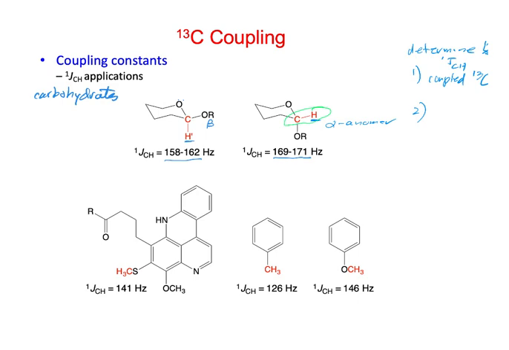Where we could actually determine it not from the C13 experiment, but from the proton NMR experiment. Let's say, and maybe it wouldn't be this simple, in the proton NMR we've got a big peak like this.